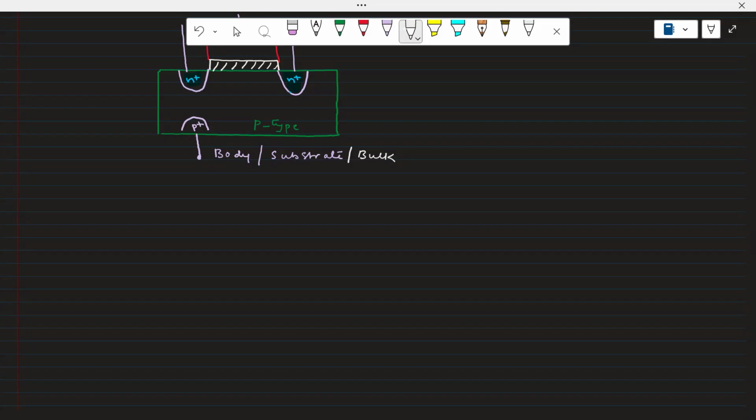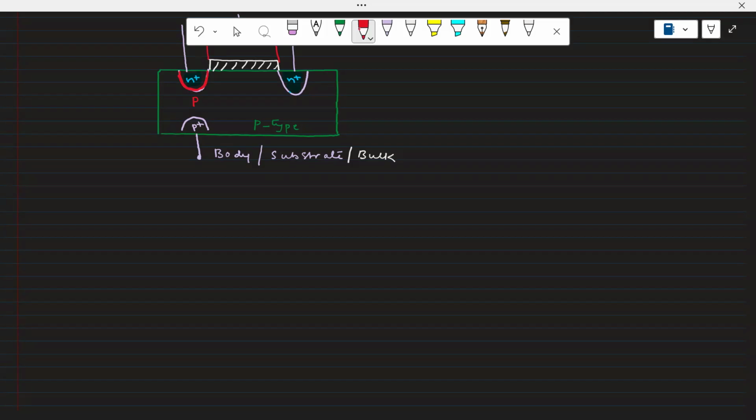Within the p-type material, I have realized the n plus and n plus, right? That means whenever n and p are near to each other, definitely what will form? P-n junction will be formed, right? Okay, so therefore here, near the junction, what will form? P-n junction between n plus and this is p. So between the n plus and p, there is a possibility of p-n junction.